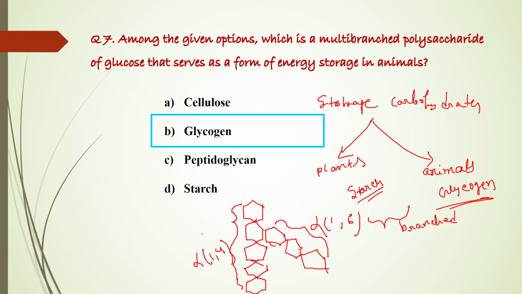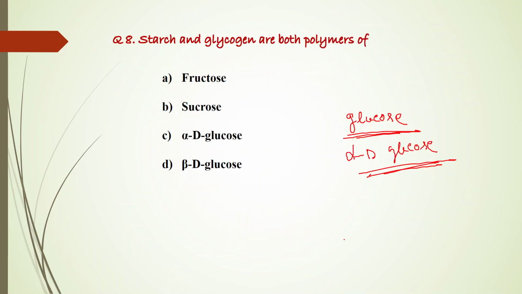In the main chain the linkage was alpha 1,4 and in the side chain alpha 1,6, in both starch and glycogen. So in all cases for storage carbohydrates the linkage is alpha. So for this question, starch and glycogen are both polymers of alpha D glucose. The correct option should have been option C.